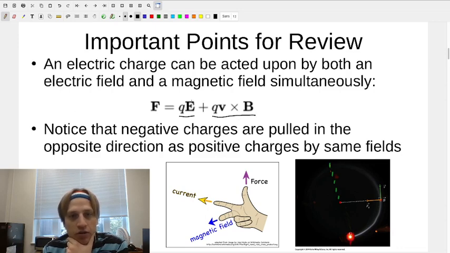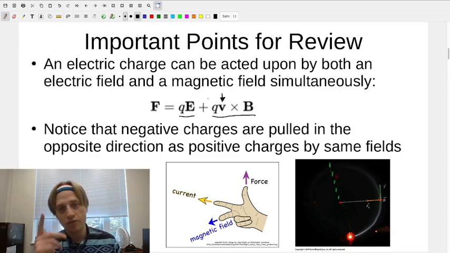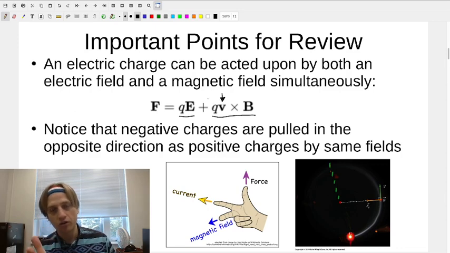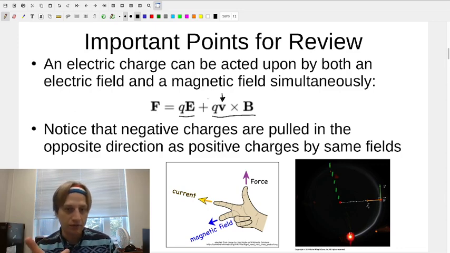Now, the tricky thing is that the force from the electric field E and the force from the magnetic field B don't necessarily have to be in the same direction. And what makes it even more complicated is that the direction of the magnetic force depends on the orientation of the velocity of the particle moving through the magnetic field.